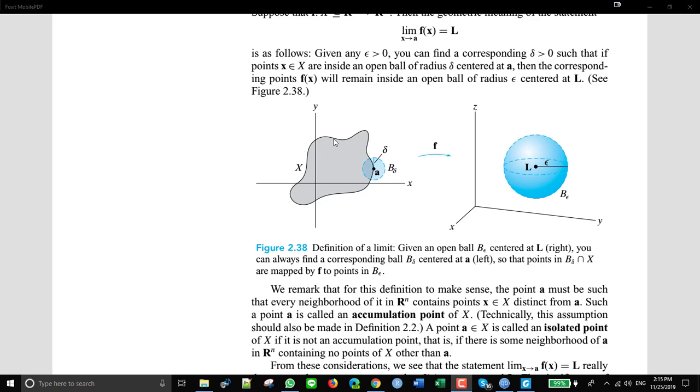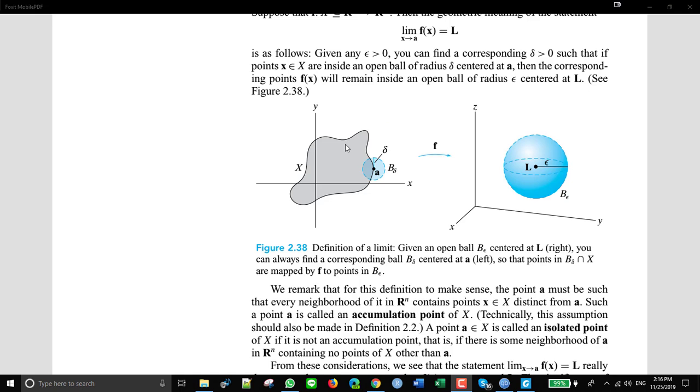So suppose we defined X to be this set here, plus one more point out here. So this point out here would not be called an accumulation point. Because, of course, if you draw a really big ball around it, you will contain points of X. But there are plenty of smaller balls around it that you can draw, plenty of smaller neighborhoods around it that don't contain any points of X. So then we can't really talk about the limit as X gets close to this point, because there are no points that get close to it.